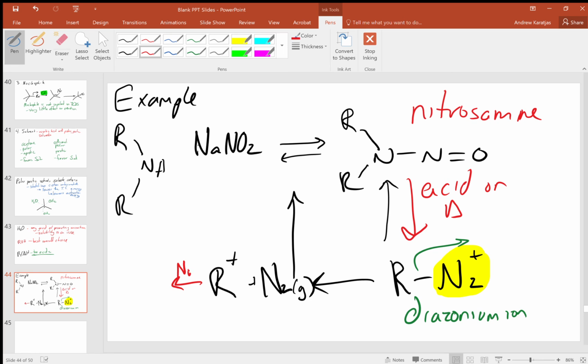So the final step is that a nucleophile then adds to the carbocation to give us our product. And so you can see the last two steps of what's happening here is our SN1 mechanism. The leaving group leaves, and then the nucleophile comes in to form the new bond.